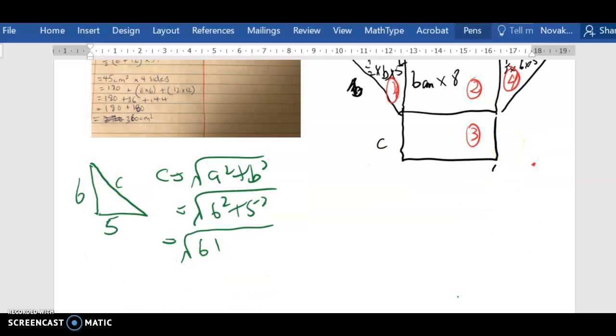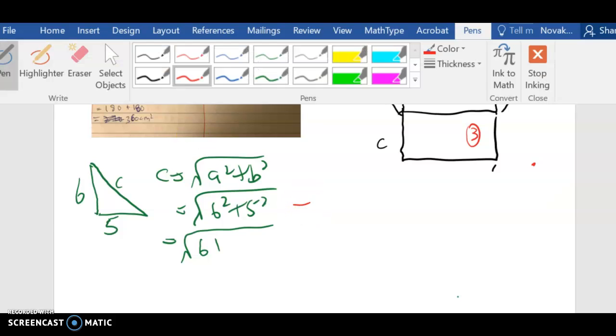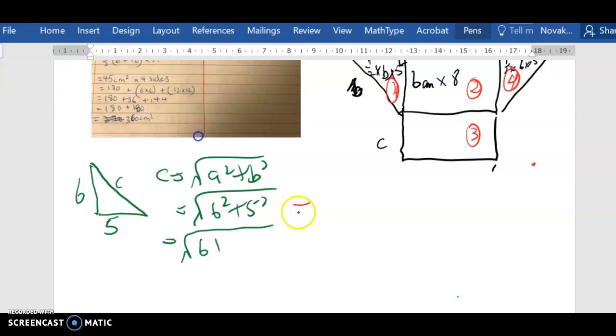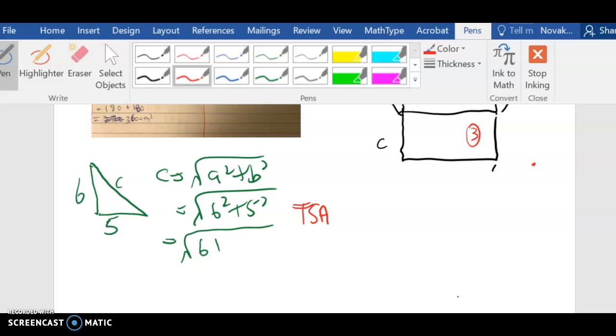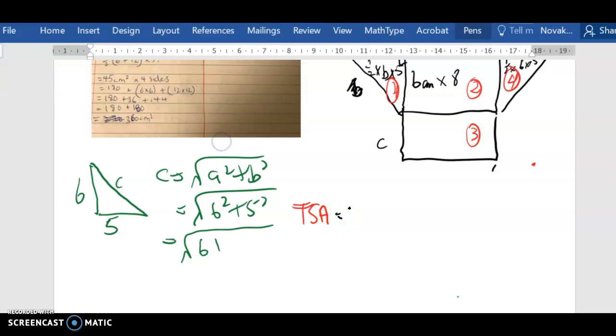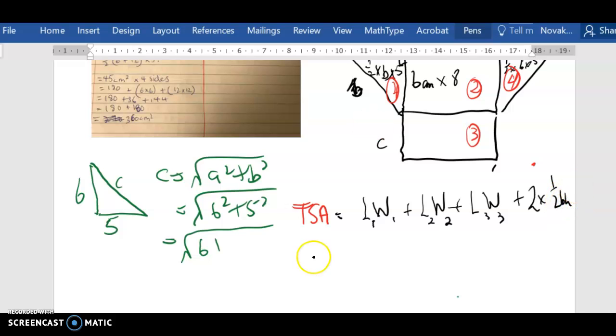So the total surface area is equal to length times width of shape 1, plus length times width of shape 2, plus length times width of shape 3, plus, remember, 2 times half base times height.